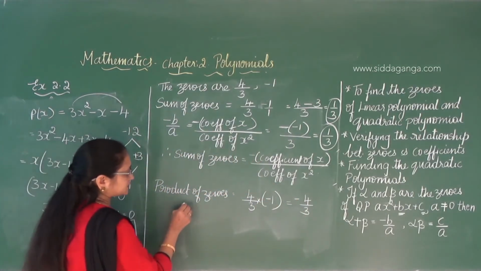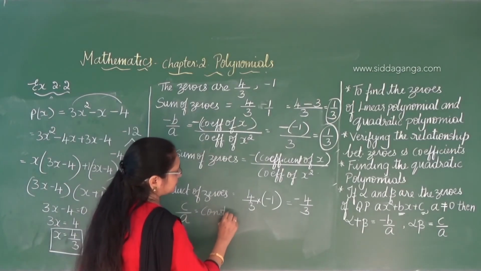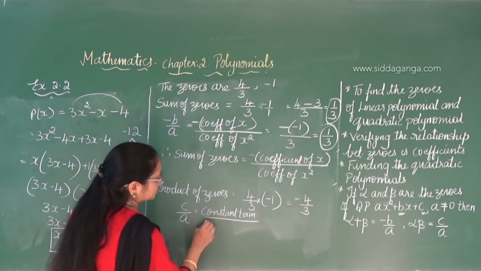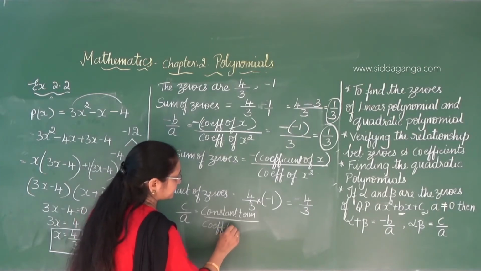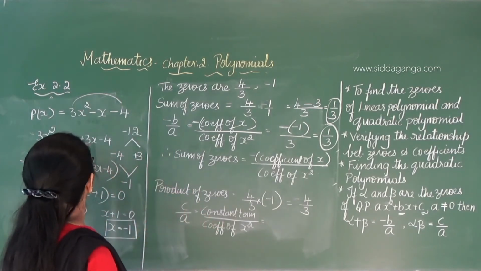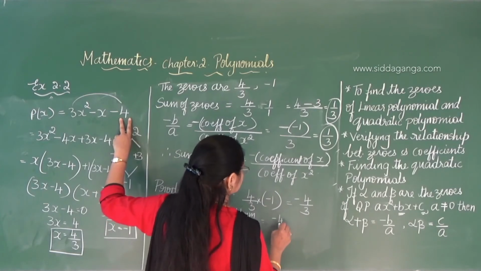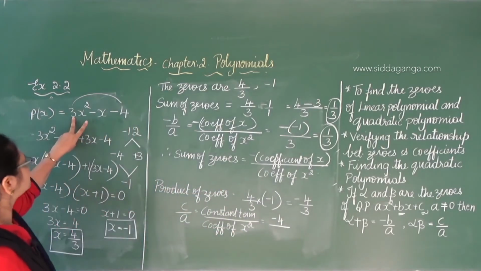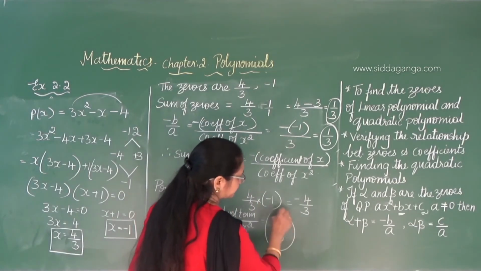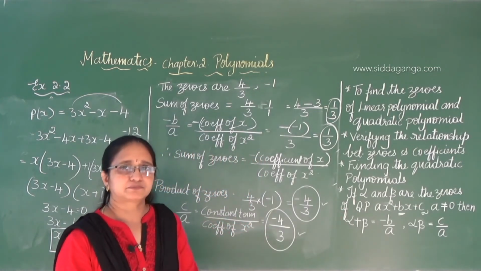Now compare it with c by a. c by a is nothing but constant term divided by coefficient of x square. Now what is the constant term in your question here? That is minus 4 divided by coefficient of x square 3. See, minus 4 by 3, minus 4 by 3.